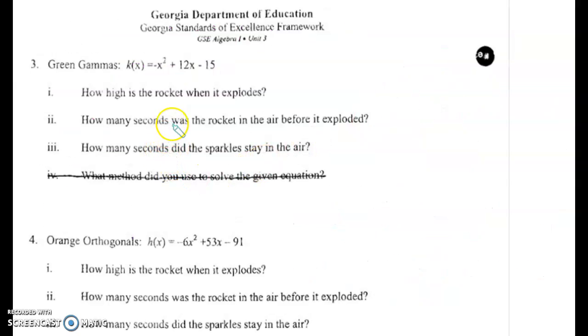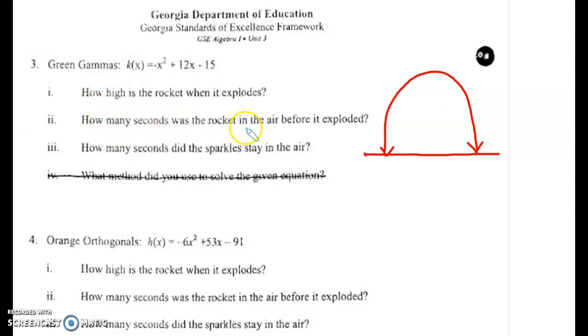Okay, then we got green gammas. Green gammas, the a value is still negative, so it also looks like this. So here's the ground again, and same questions, right? How high is the rocket when it explodes?